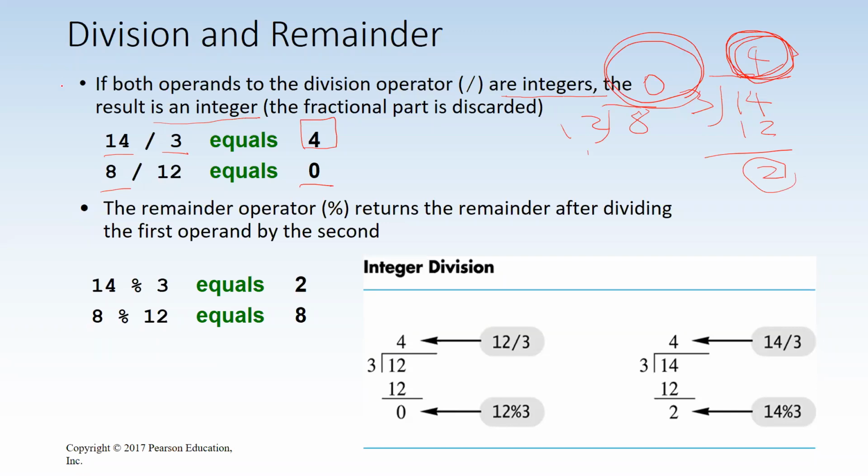So if both are integers, the result is now remainder. I know some of you may still have problems with this. We discussed this in Python. Everything is the same. 14 modulus 3 gives you 2. Why? Because that's the remainder. 8 modulus 12 is 8 because that's the remainder.